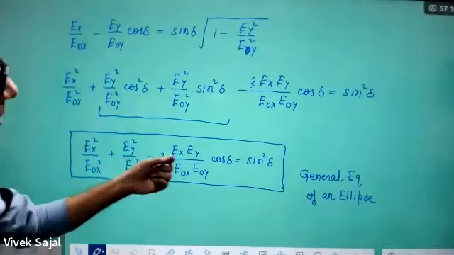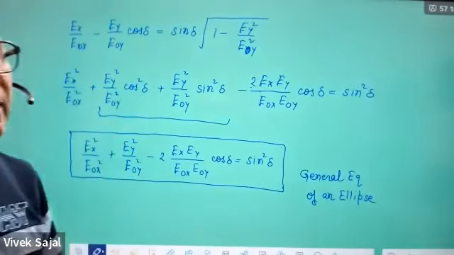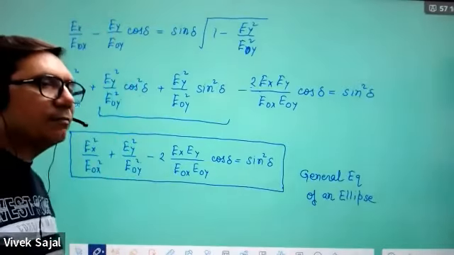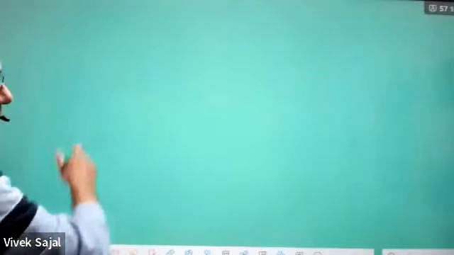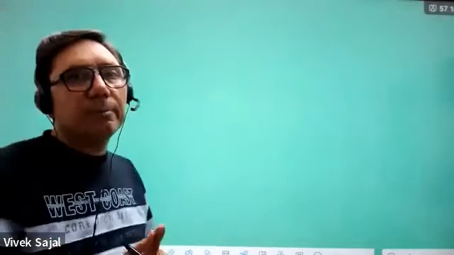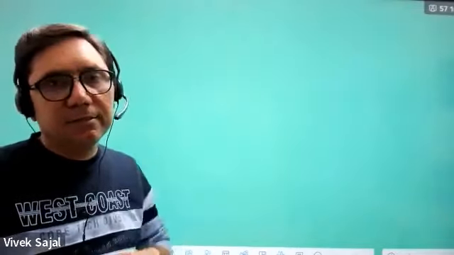And this correlation depends upon various values of delta. Now, different cases. This is the most important part of the polarization. Now I will discuss various cases and you have to remember all these cases one by one.